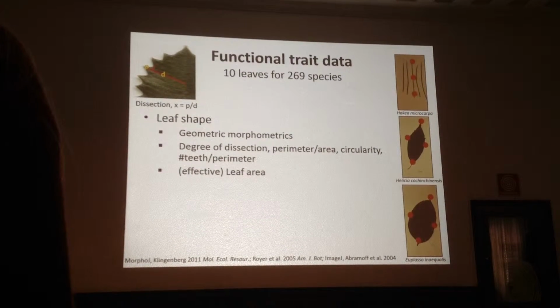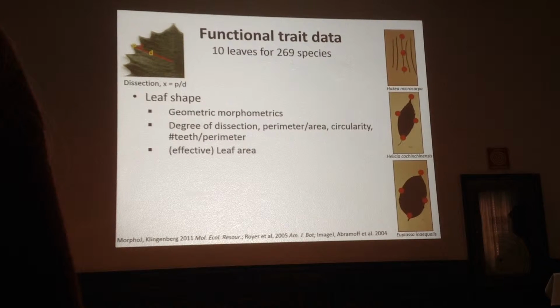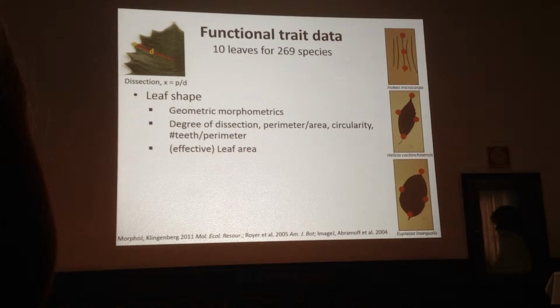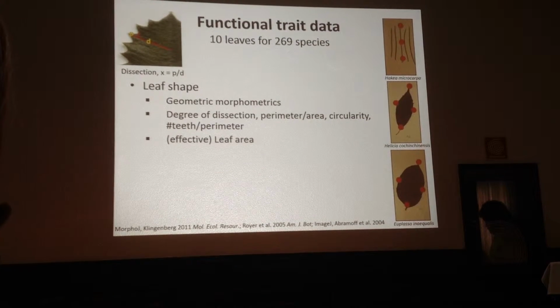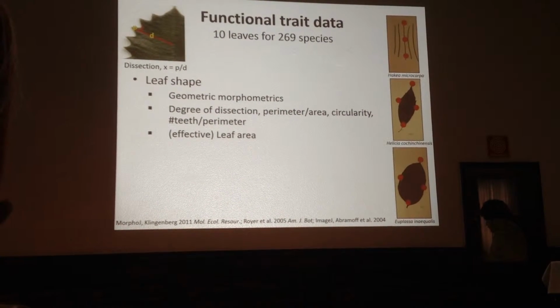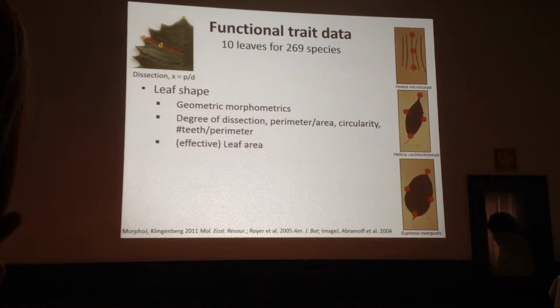The circularity of the leaf, which is how roundish leaves are. With a high circularity, they're more roundish, and a low circularity means more elongated or elliptical or needle-like leaves. Leaf area and effective leaf area, which is a circle drawn in the leaf, and this is directly related to the boundary layer thickness of the leaf.